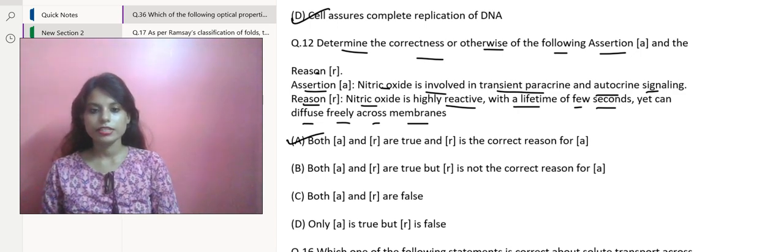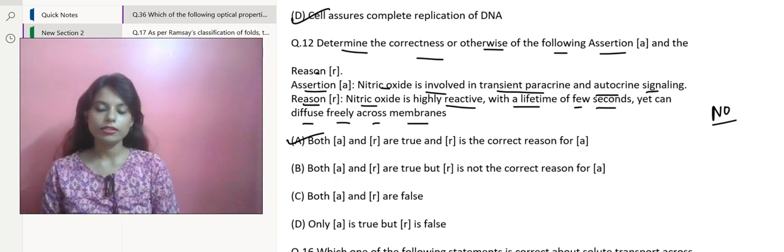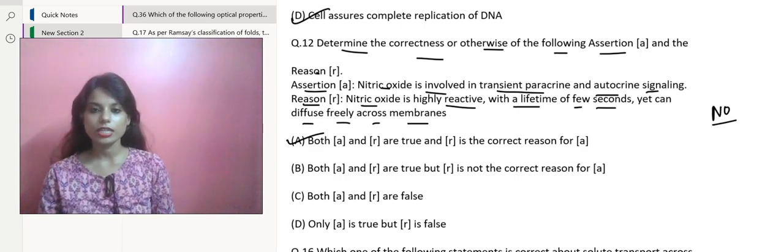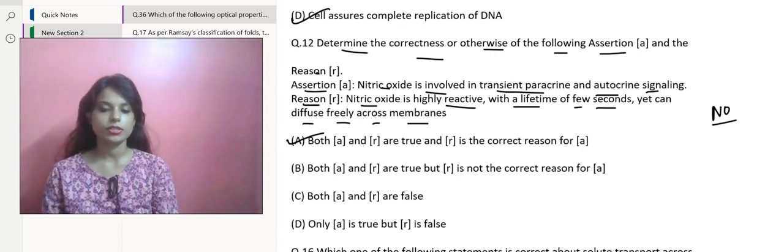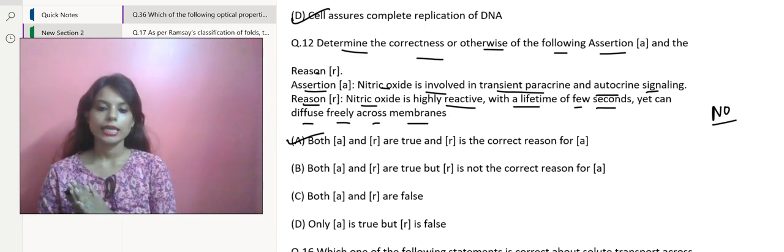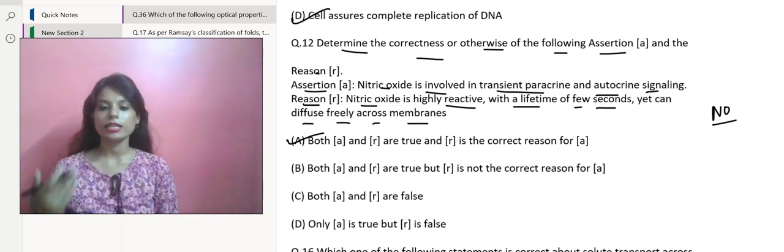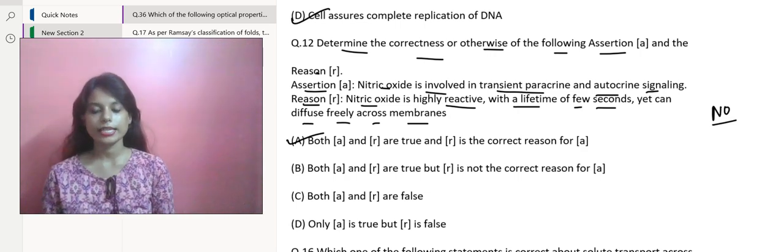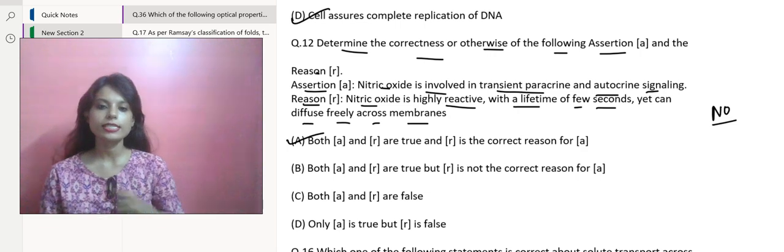So nitric oxide, let's discuss about this now. Nitric oxide or NO is a signaling molecule that is involved in many physiological and many pathological processes in our body. Now, it acts as a transient paracrine and autocrine signal by diffusing freely across the cell membranes and also by interacting with intracellular targets.